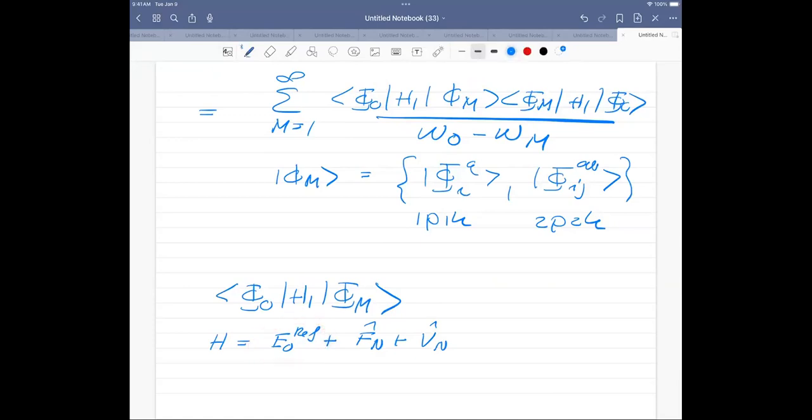Now we have to be a little bit careful with the f of n term. The f of n term is a term which contains also the unperturbed part. So in our case, when we write out the operator, just let me quickly remind you of that.